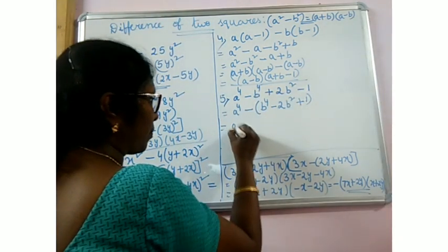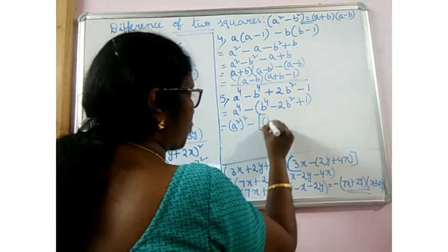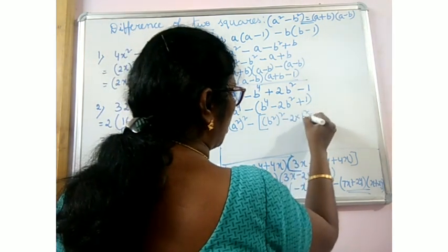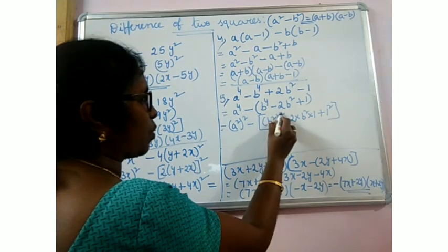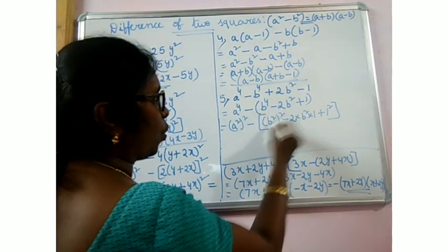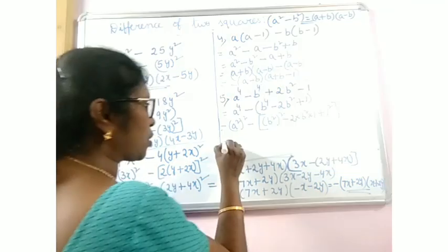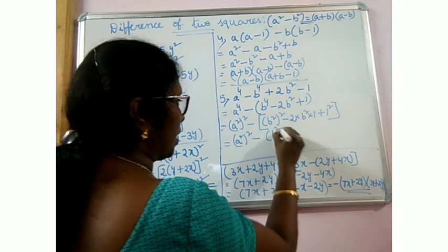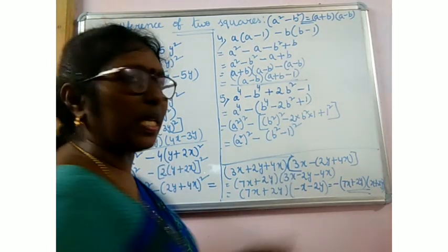Let me write a square whole square. B to the power 4 means b square whole square, minus 2 into b square into 1, plus 1 square. It seems like the formula, is it not b square minus 1 whole square? So this is a square whole square minus b square minus 1 whole square. Now it is like a square minus b square.